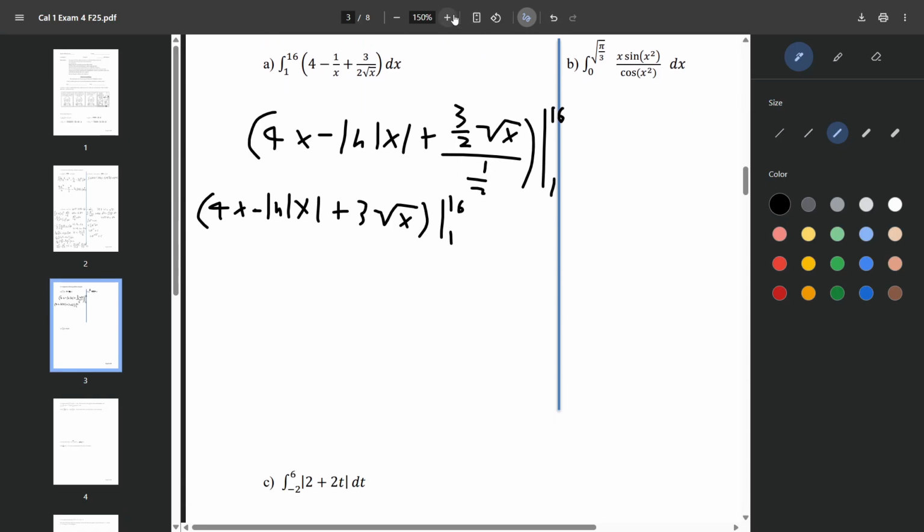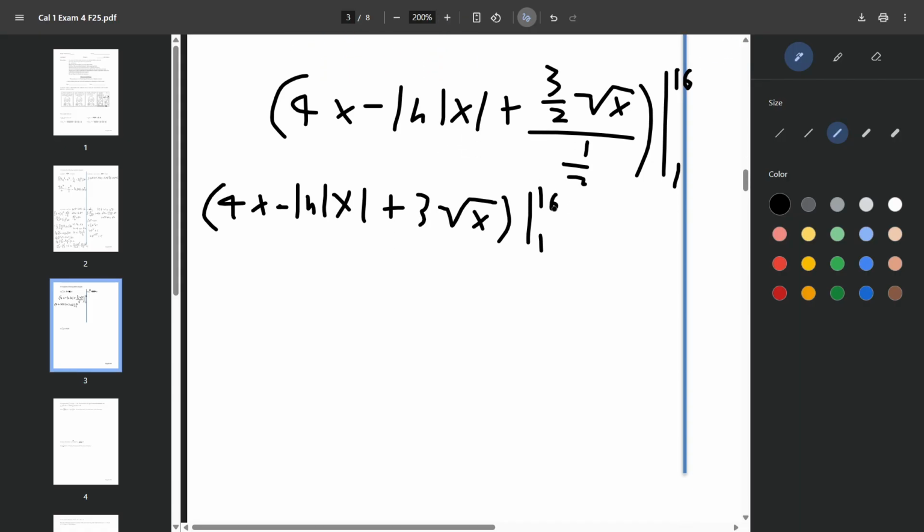And now we use the equation of upper bound minus lower bound.